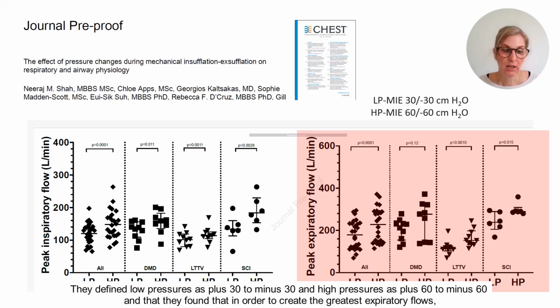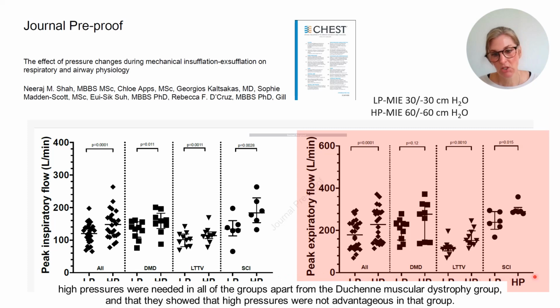They defined low pressures as +30 to -30 and high pressures as +60 to -60. And they found that in order to create the greatest expiratory flows, high pressures were needed in all of the groups apart from the Duchenne muscular dystrophy group. And they showed that high pressures were not advantageous in that group.